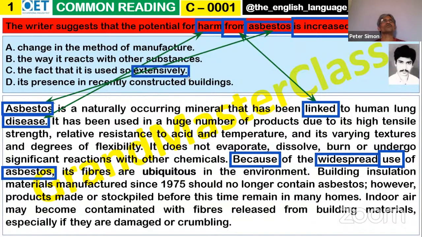Extensively means extent, spread far and wide. Okay? Spread far and wide. Now you got another word here. Extensively means widespread. Used. It means asbestos.